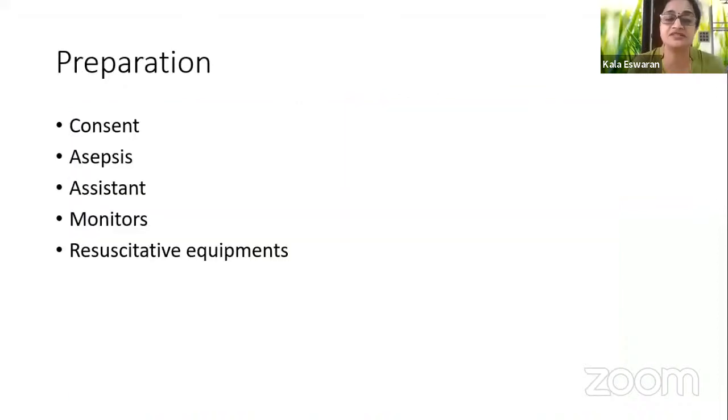Now, the preparations you can do: consent. Consent has to be verbal. You have to explain what you're going to do, especially when you are blocking in the ward. Aseptic precautions are to be taken at all times. An assistant is needed to inject if you're using a Stimuplex needle with an injection port.